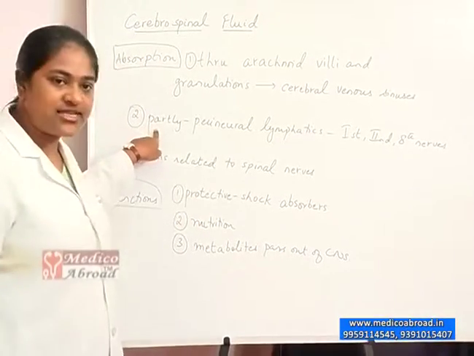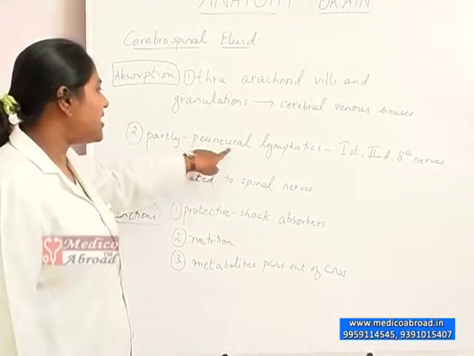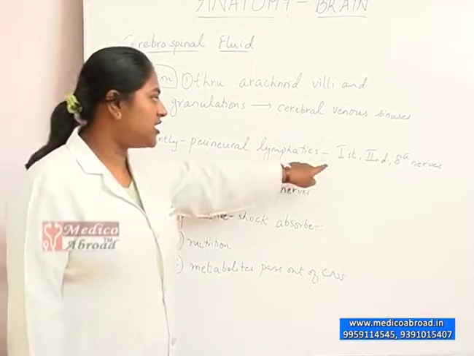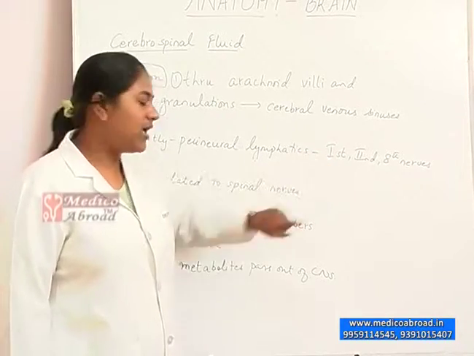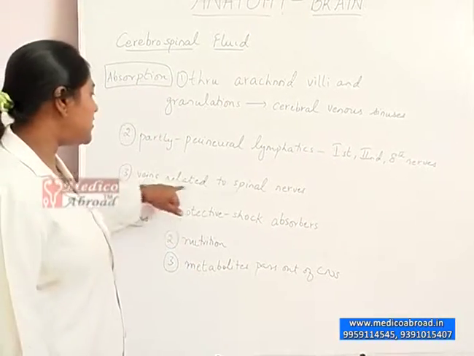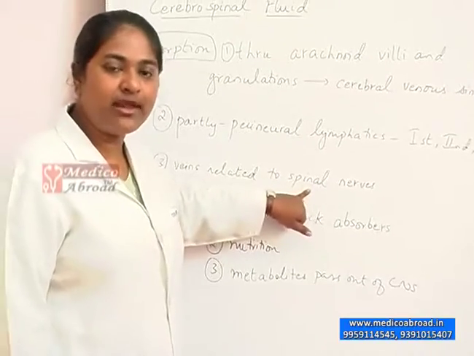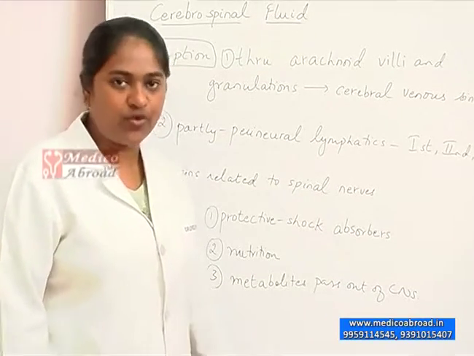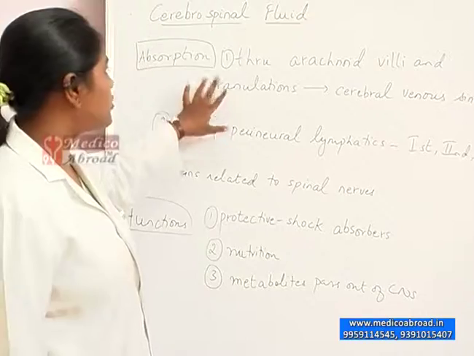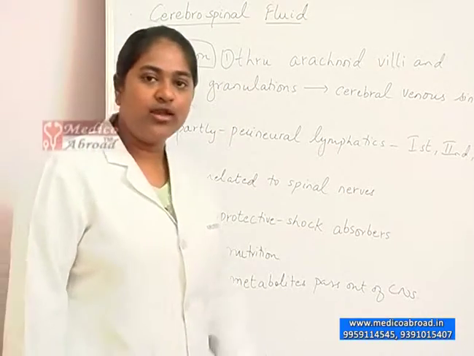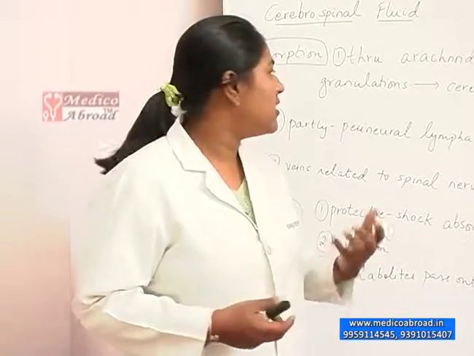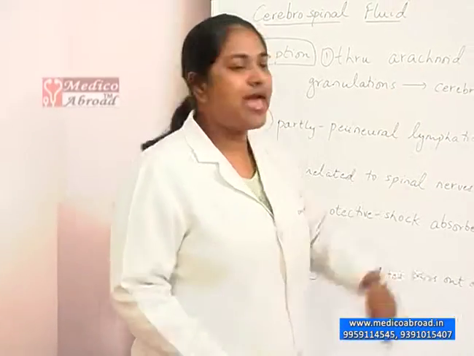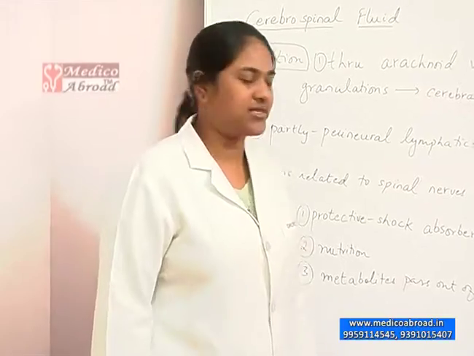Part of the CSF is drained into perineural lymphatics, especially around the first, second and eighth cranial nerves. Veins related to spinal nerves also drain part of the cerebrospinal fluid. That's the absorption of the cerebrospinal fluid. The production is in the choroid plexus of the lateral ventricles, and the drainage is through arachnoid villi and granulations.